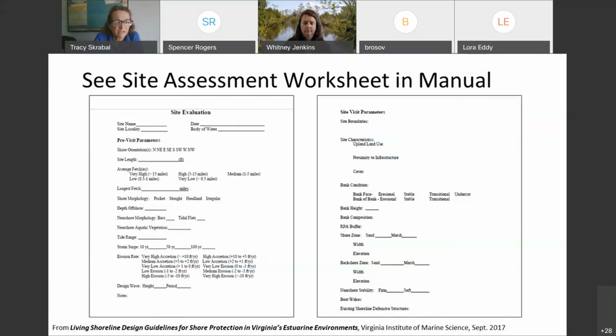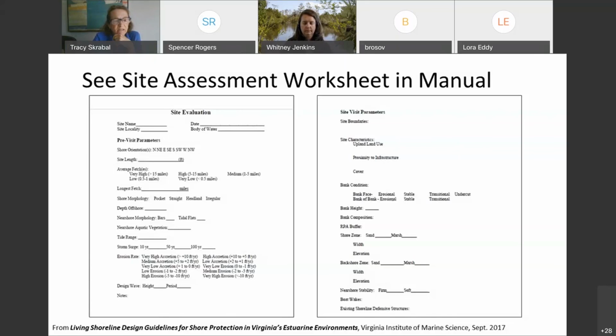Shoreline morphology is what type of, what are we looking at here? Are we in a protected pocket, or are we a headland that's stuck out in the waterway? I want to pay attention to what I see in that near shore area. I always check the depths right off of the shoreline where I might need to put structures. And I'm looking for not just, is it shallow all the way out, but what is the condition of that substrate?